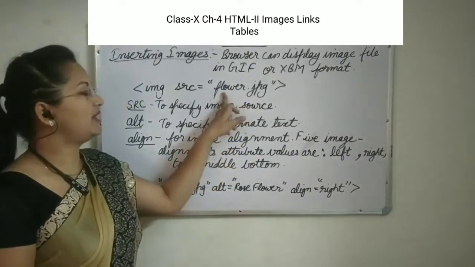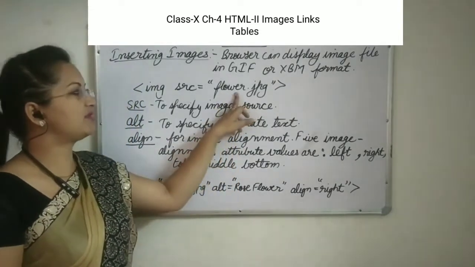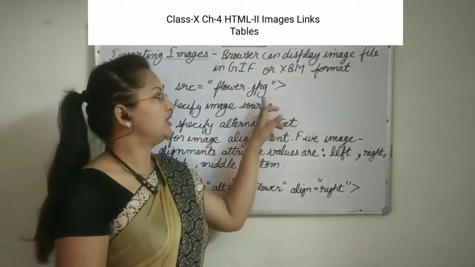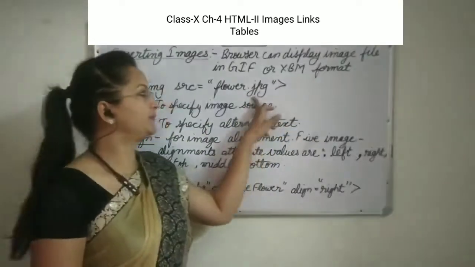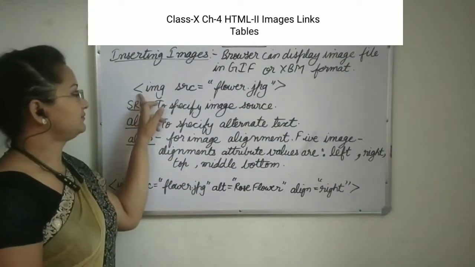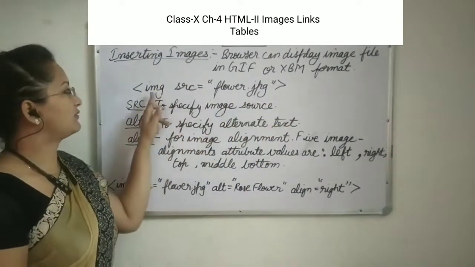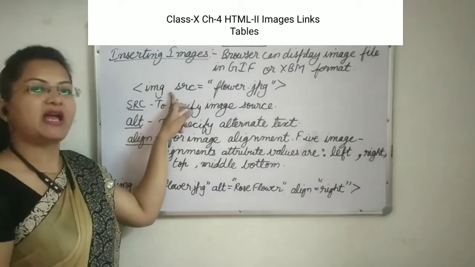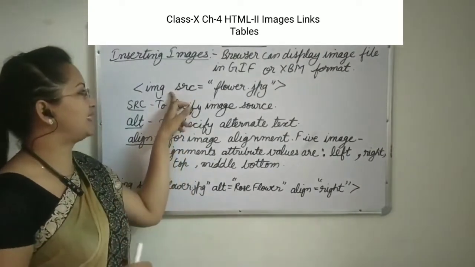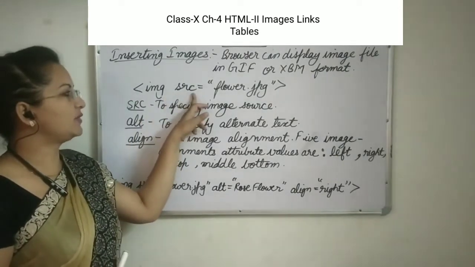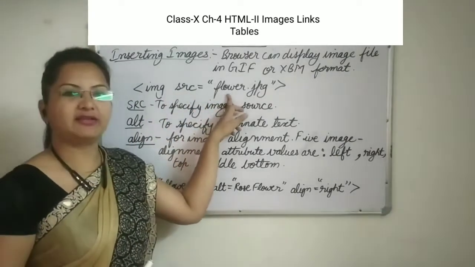Here I have written a sample image name, flower.jpg. .jpg is the extension of the image. So in angular brackets write img, then a space, because we always separate attributes with a space, then write the attribute name and then its value.